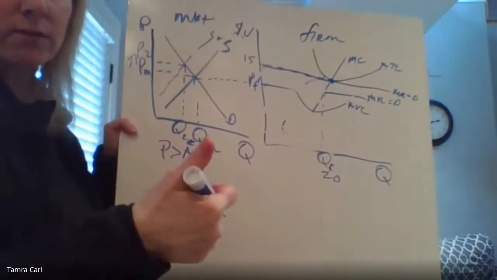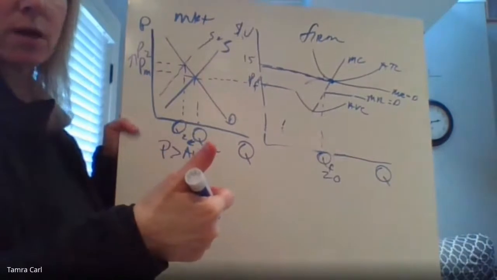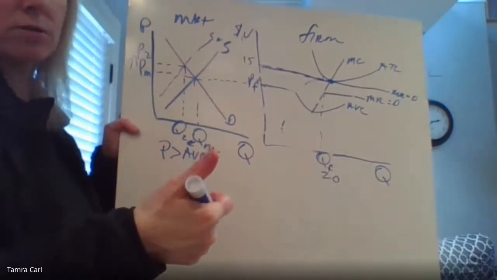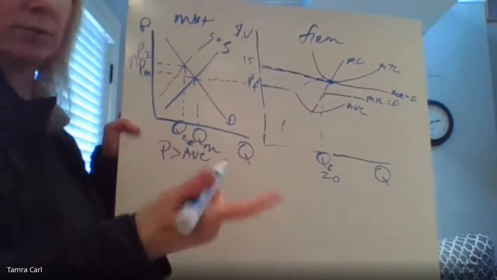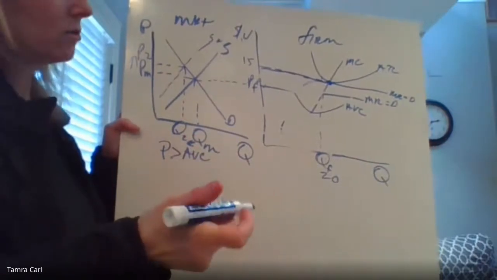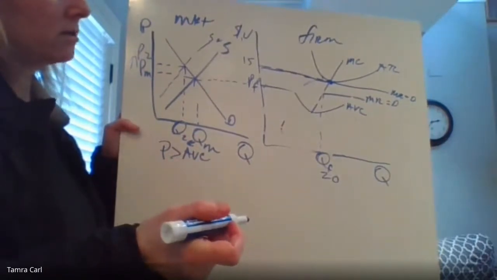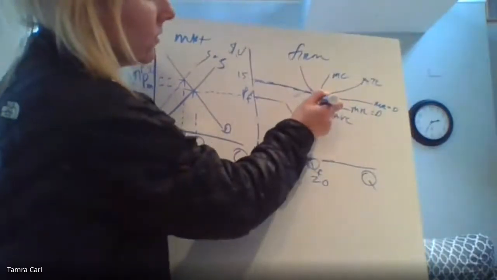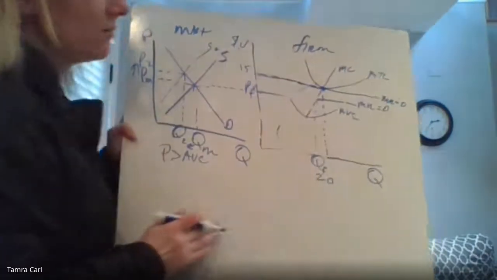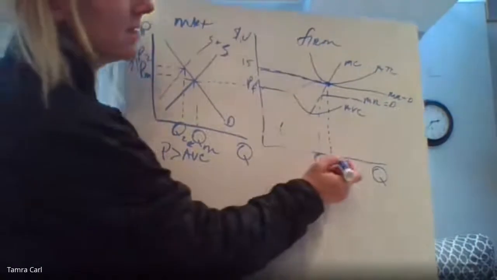I have allocative efficiency, marginal cost equals price, or you could say marginal cost equals demand. I have productive efficiency, where marginal cost equals the average total cost. And I also have it where they break even because my price equals ATC.